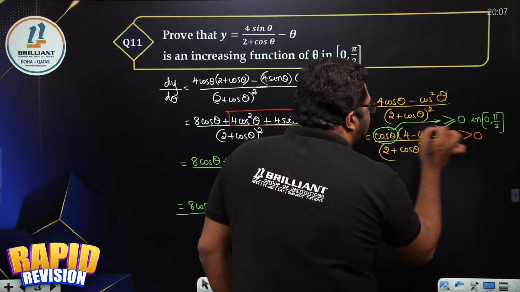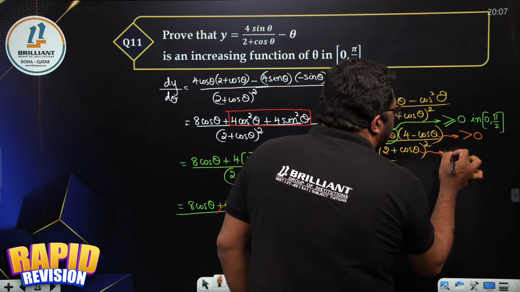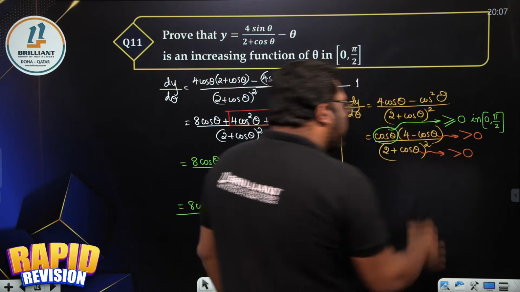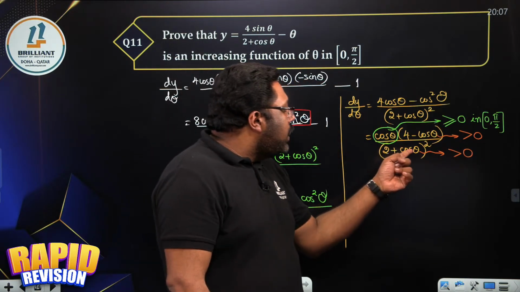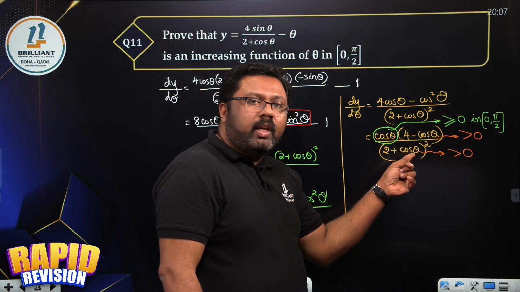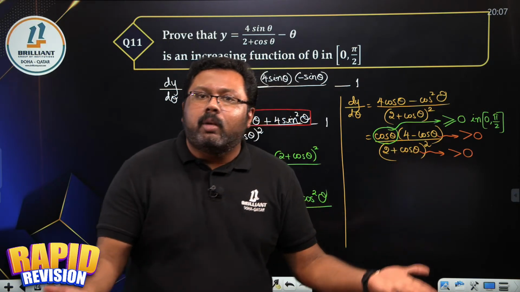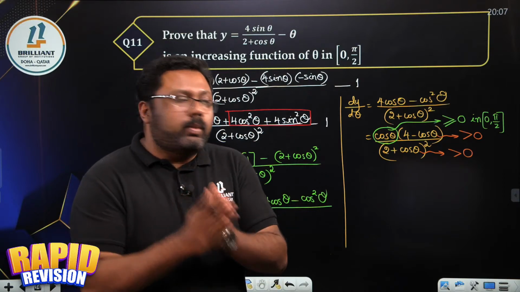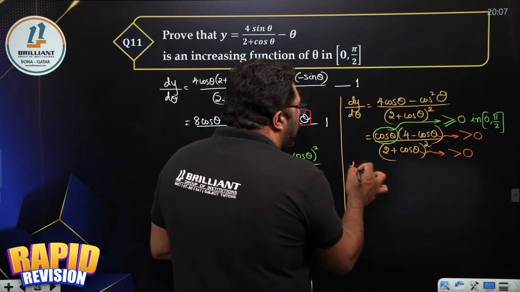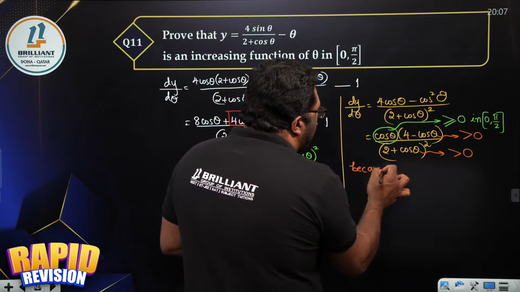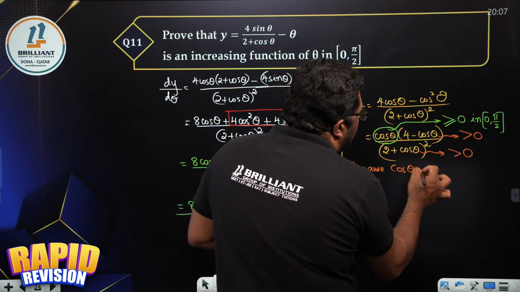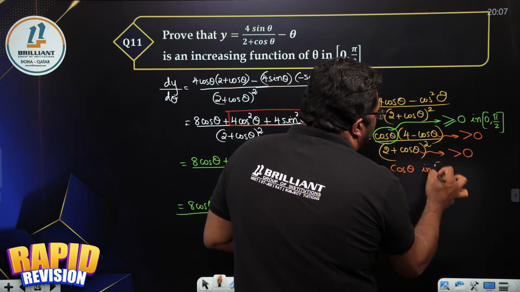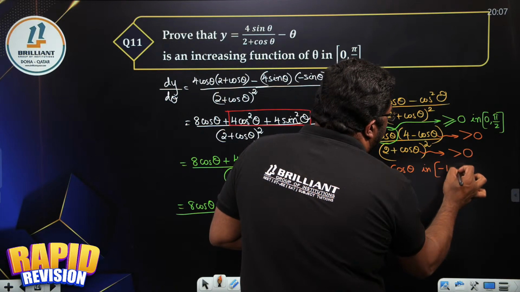And 2 plus cos theta, same explanation, is going to be strictly greater than 0. If it has to become 0, this should become minus 2. Impossible. Cos theta cannot become minus 2, because cos theta is in minus 1 to 1.